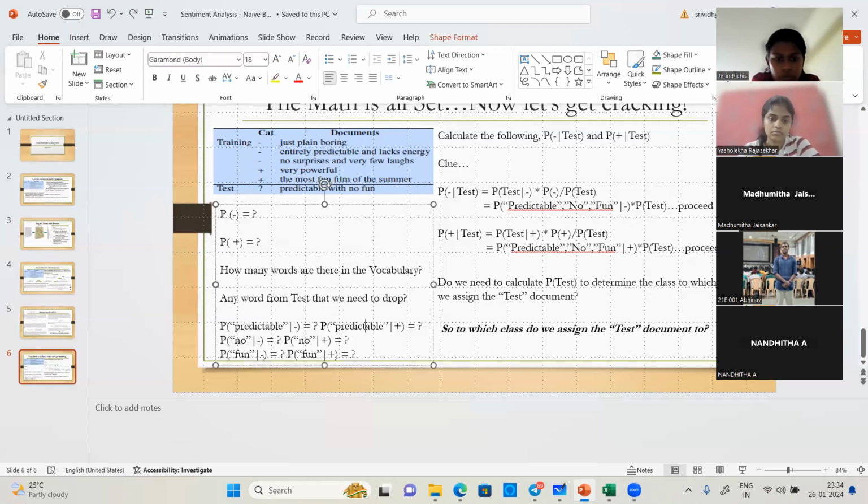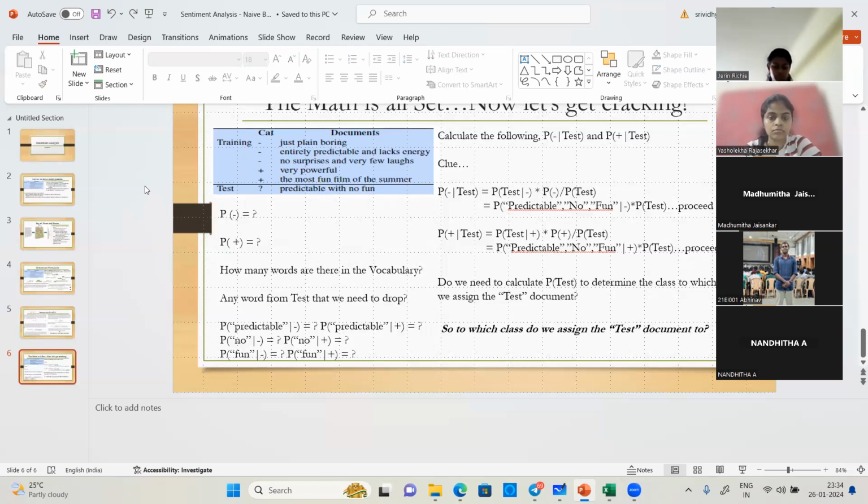Let's do this as well. Probability of predictable given positive, without Laplace smoothing. It is 0, but give me the fraction, because we're going to do Laplace smoothing as well. 0 by what?